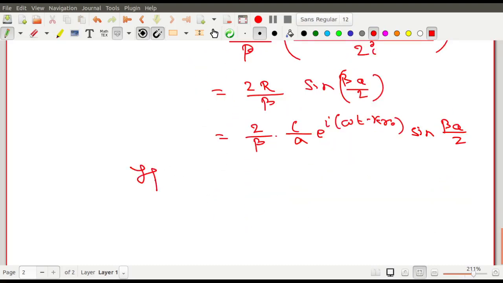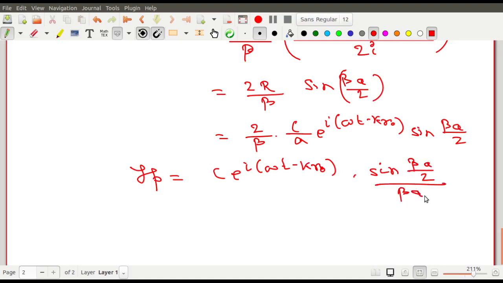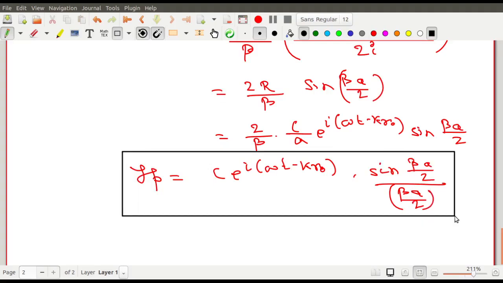Or I can write yp equals C, separating out the exponential part. These are not of too much importance. The important part is this, sine of beta a by 2 divided by beta a by 2. So that is the entire picture you have here for this yp. I have written it in a neat and clean way, separating properly.